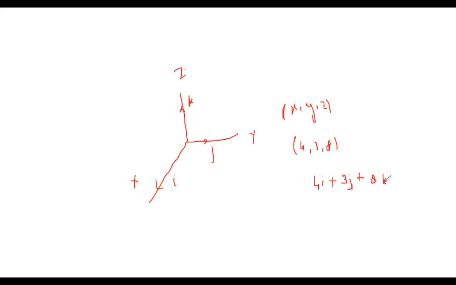So, student, these are the ordered pair x, y, z, and I have taken 4, 3, and 8 as an example. This is the vector A, which is the position vector according to this ordered pair. Very clearly, vector A is 4i plus 3j plus 8k.